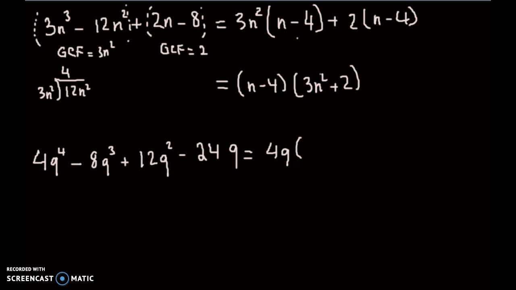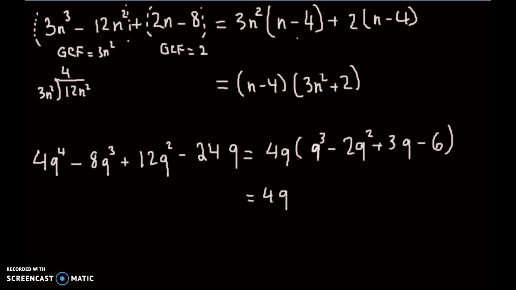If you divide by 4q, you would have q cubed minus 2q squared plus 3q minus 6. Is it done? Not yet.